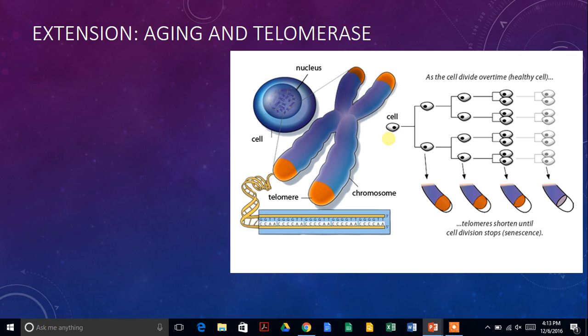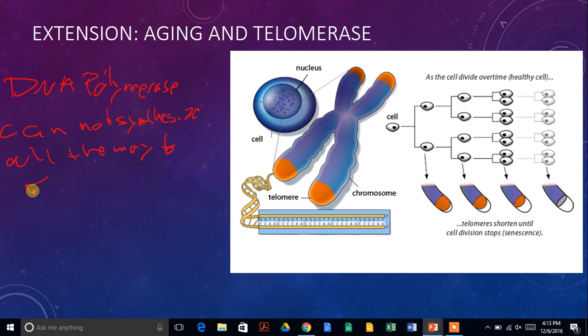Last and not least, an extension, aging. So, the very ends of DNA chromosomes are called telomeres. What's interesting is that DNA polymerase cannot synthesize all the way to the end of a chromosome.